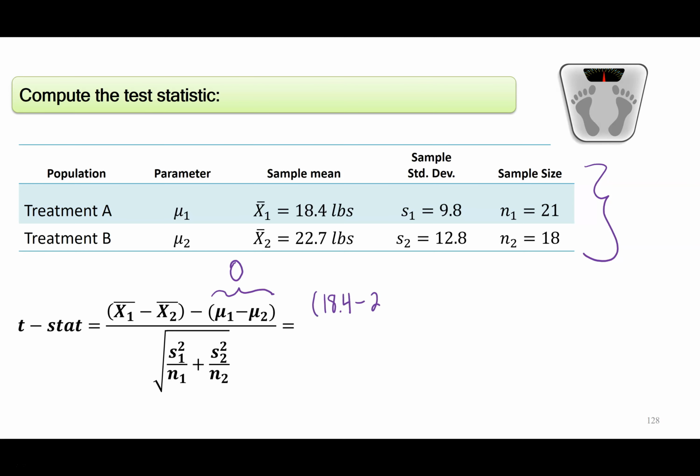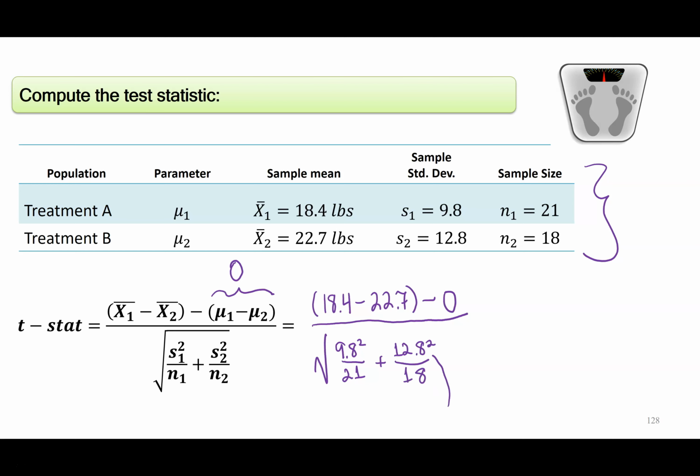So 18.4 minus 22.7 minus 0, all over, so 9.8 squared over 21 plus 12.8 squared over 18.